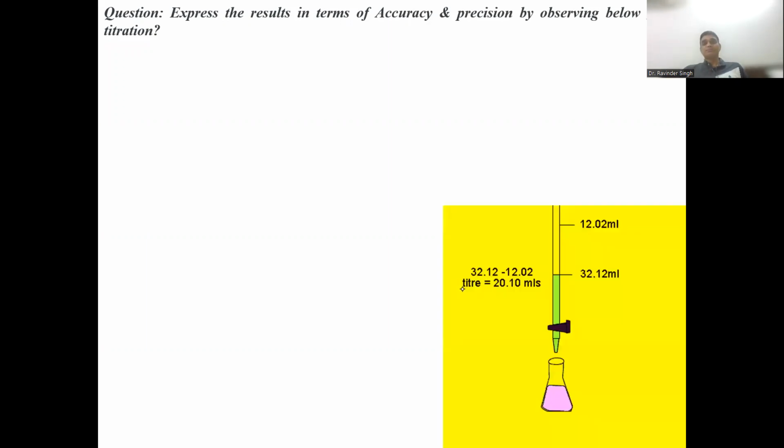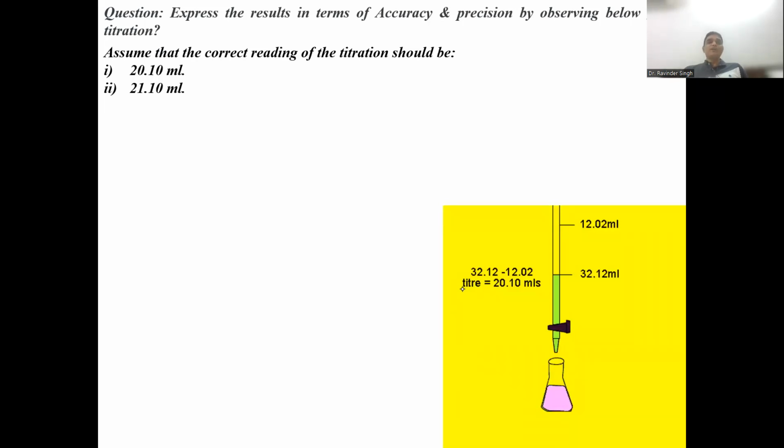Next question, express the result in terms of accuracy and precision by observing the below given titration. Assume that the correct reading of the titration should be, for example, in question number 1, 20.10. Your correct reading is assumed. Then see your result, the one you see in yellow color here. What reading did you get? The initial reading is 12.02 ml, the final reading here is 32.15 ml.